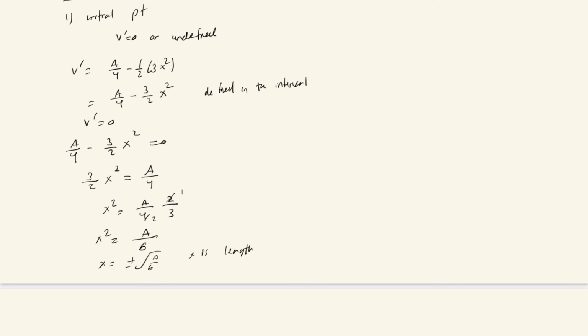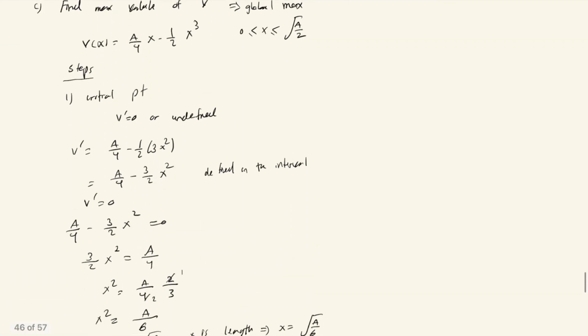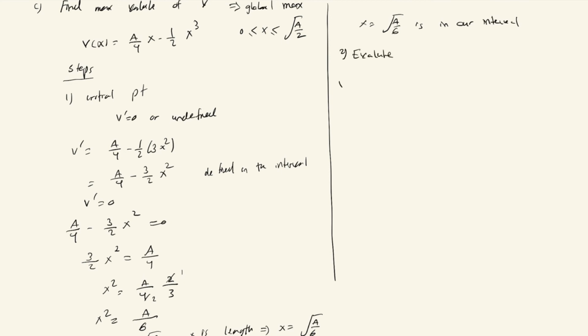Remember, x is just a length, therefore I'm just taking the positive value. Now we have x equal to the square root of a over 6. This is included in our interval from 0 to the square root of a over 2. Therefore, it's considered to be a critical point for our function.